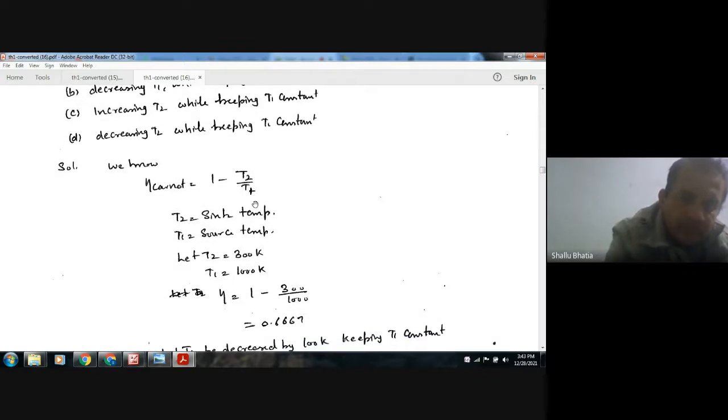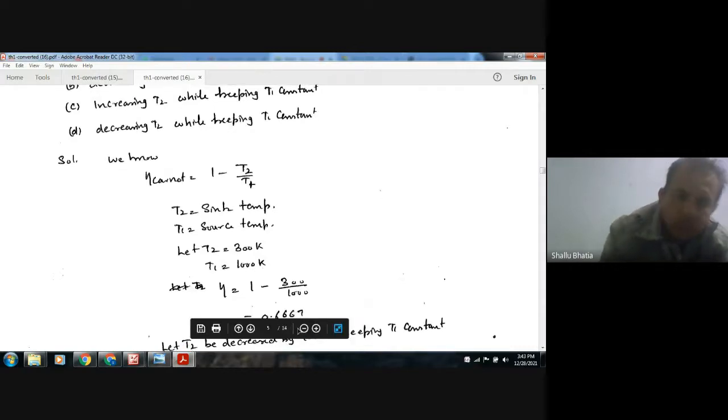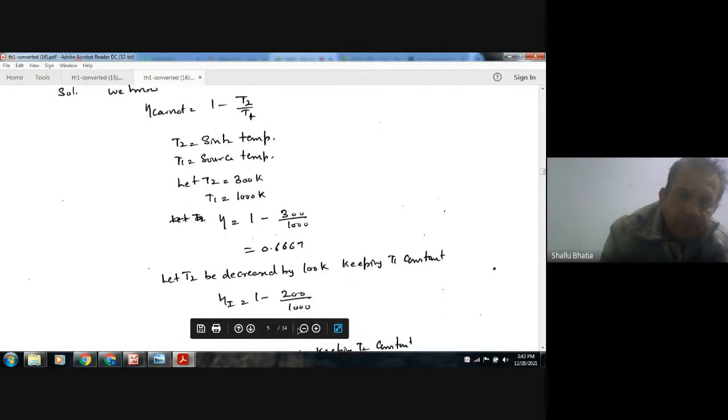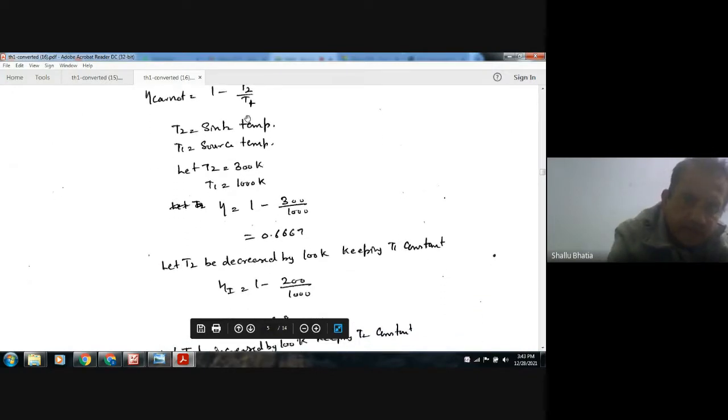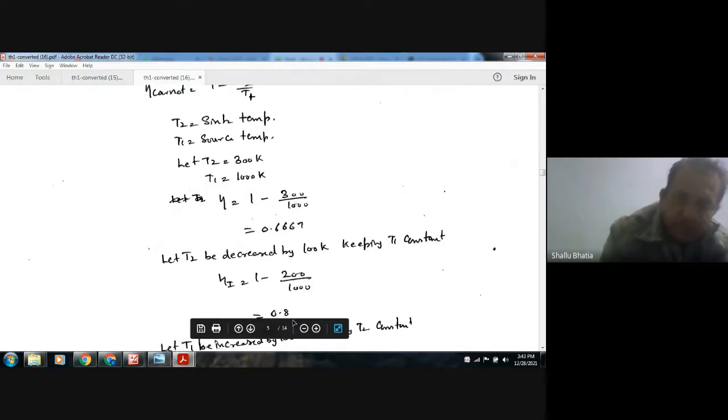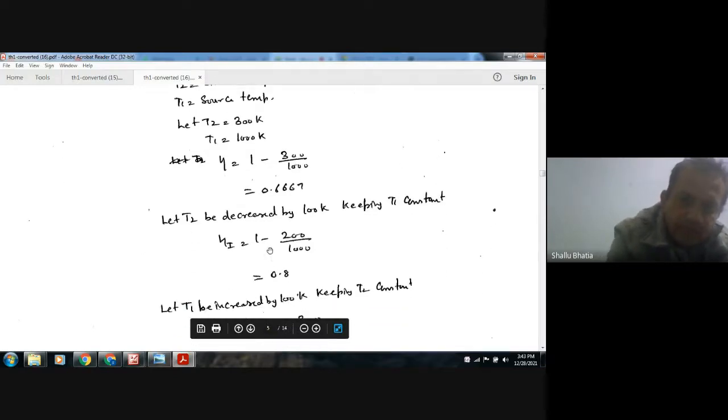Let us take some data. Let T2 be 300 and T1 be 1000. Then the efficiency is this. Now if T2 is decreased by 100, it will be 200, then the efficiency will be 0.8, so the increase in efficiency will be 0.8 minus this.